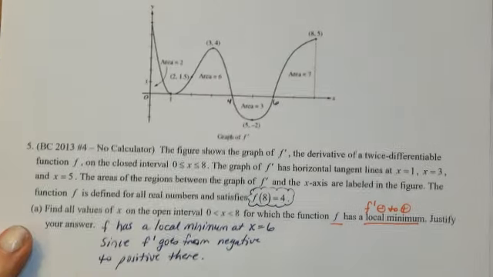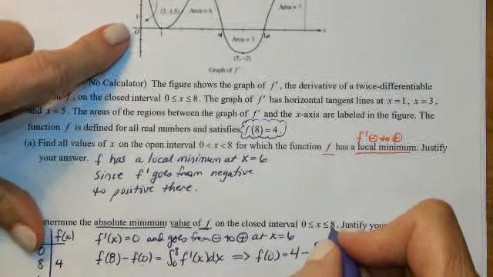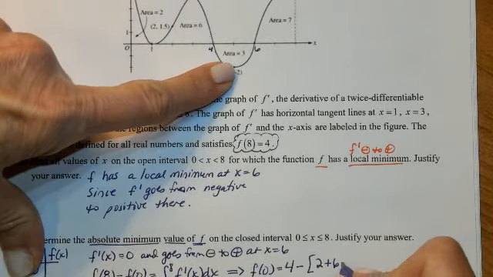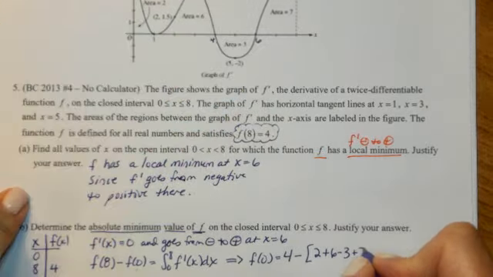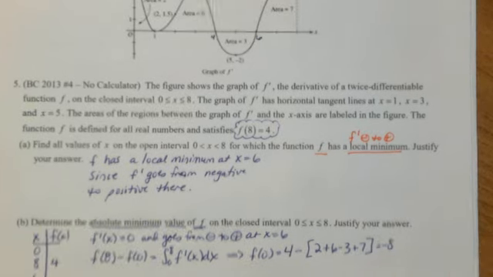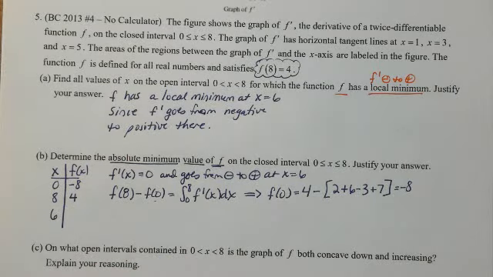And from 0 to 8, the integral will be positive 2 plus 6 minus 3 plus 7. Let's figure out what that is here. We have 8 minus 3 is 5, plus 7 is 12, so 4 minus 12 will be negative 8. So at 0, f is negative 8.